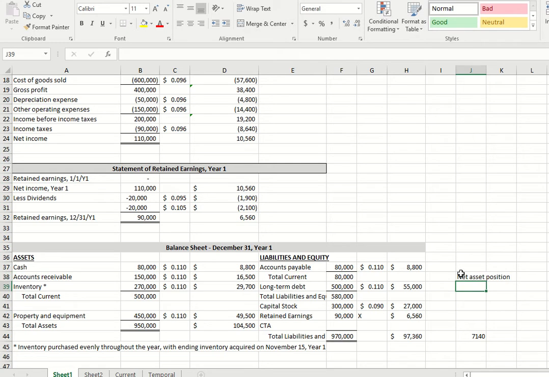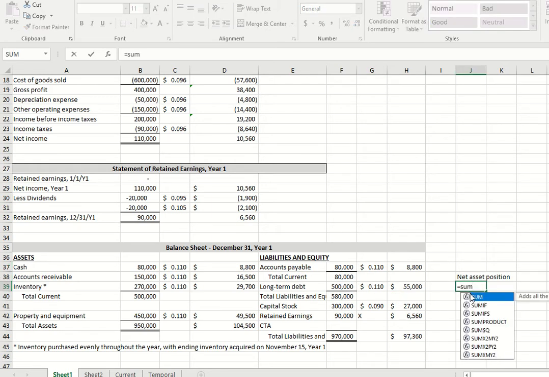Not required for the problem, but all of these assets are exposed to a current rate. All of them are hitting a current rate. All of these are hitting a current rate as well. All of these are exposed to fluctuations in rate because they're at a current rate. So I could sum these up.